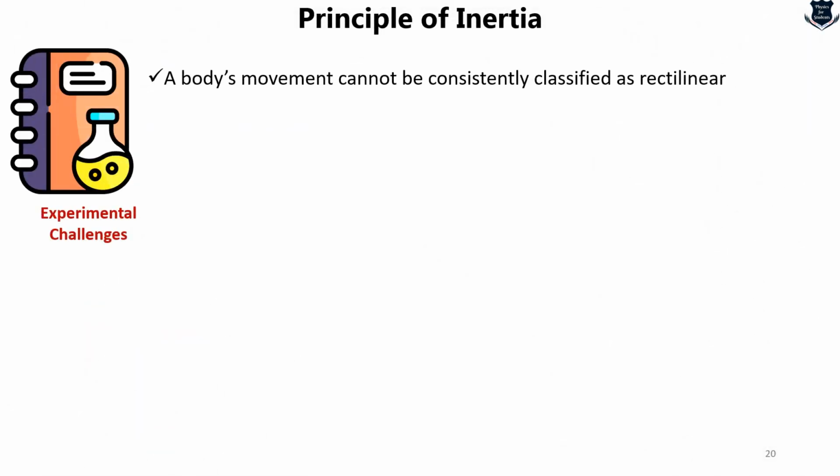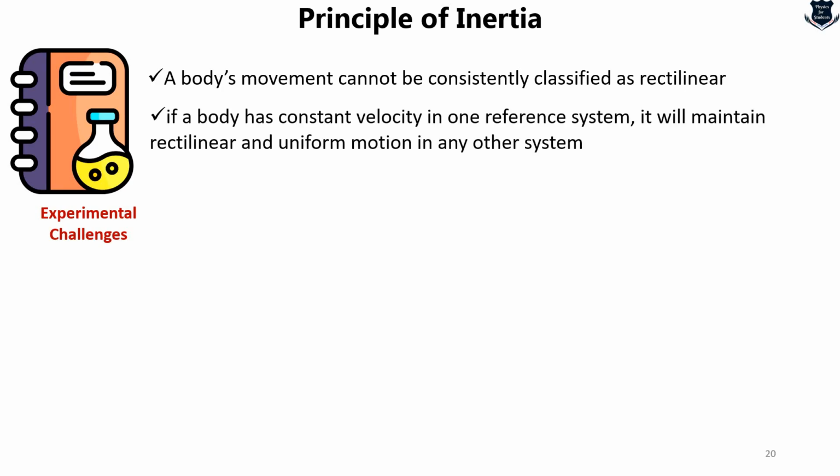Now, there are certain experimental challenges which we encounter: a body's movement cannot be consistently classified as rectilinear and uniform across reference systems. However, if a body has a constant velocity in one reference frame, obviously it will maintain rectilinear and uniform motion in another system translating at constant velocity relative to the first.